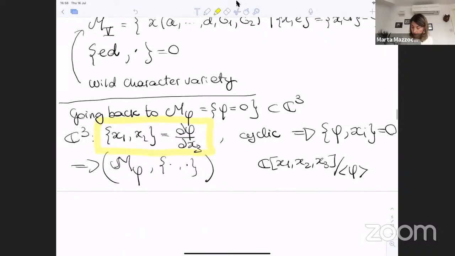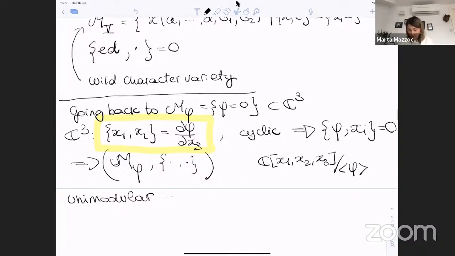We have a Casimir element, we have a Jacobian, and it's also unimodular, essentially because this Poisson structure allows us to define a nowhere vanishing volume form on M5. So it has all these beautiful properties.